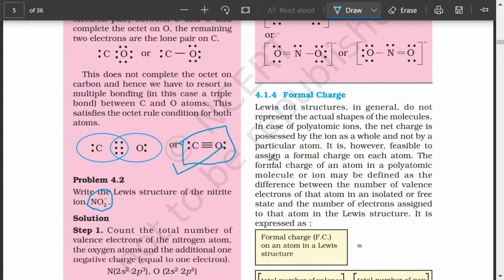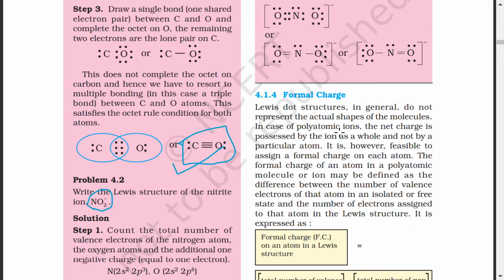Nitrogen has 5, plus 2 times 6, plus 1 because it has a minus charge. So that makes 18 electrons in total. 18 electrons, correct?